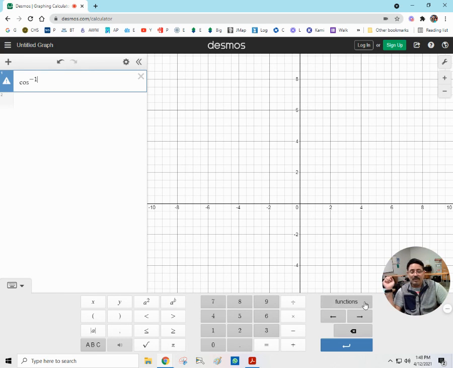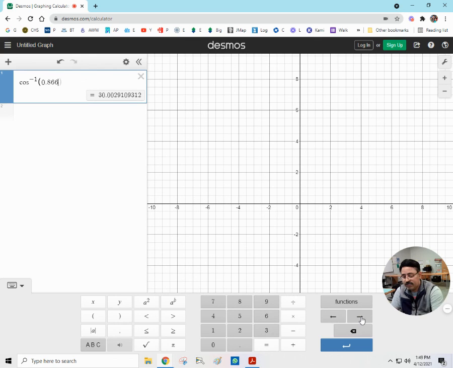Once you are done, under the function you see the left arrow and right arrow. Let me click right arrow, so it comes out of the exponent. Then 0.8668, I got 29.91.